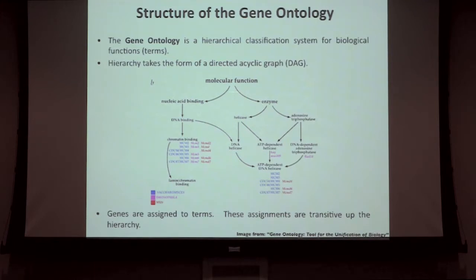And the way the functions are recorded for each gene is that if a gene is annotated to a term down here, it is also annotated to terms up above. Or in other words, the assignments are transitive up the hierarchy. So there are many, many terms assigned to molecular function, and then fewer terms at lower levels in the hierarchy, which are more specific.